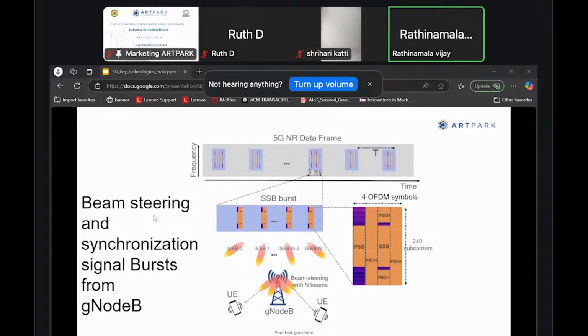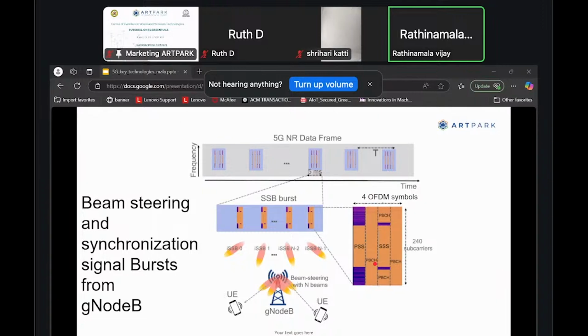Each SSB burst consists of 4 OFDM symbols, and these 4 OFDM symbols have a primary synchronization signal, then the secondary synchronization signal, and a physical broadcast channel that carries all the essential information for the UEs to synchronize, connect, and communicate with the G-node B.